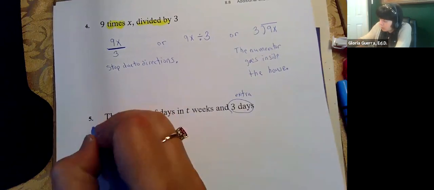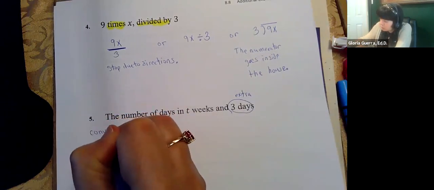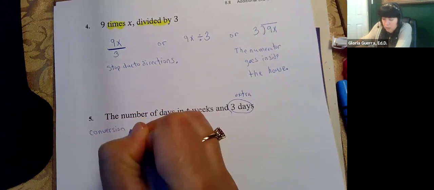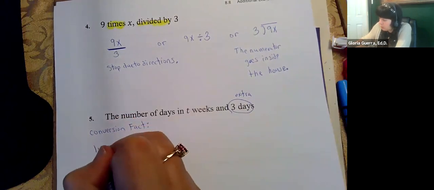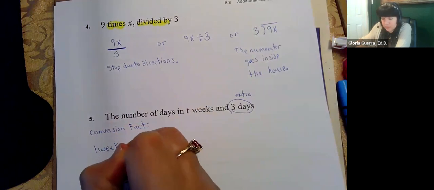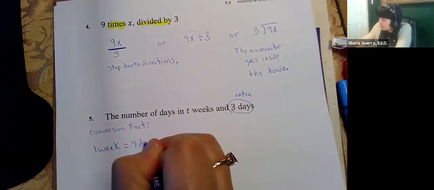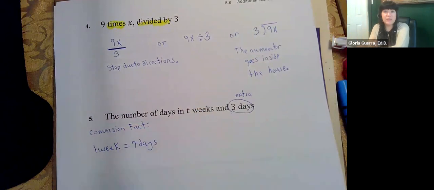So we use something called a conversion fact. And that would be for us that 1 week is equal to 7 days. That's a conversion fact. 1 week: Monday, Tuesday, Wednesday, Thursday, Friday, Saturday, Sunday. So 1 week is a total of 7 days.